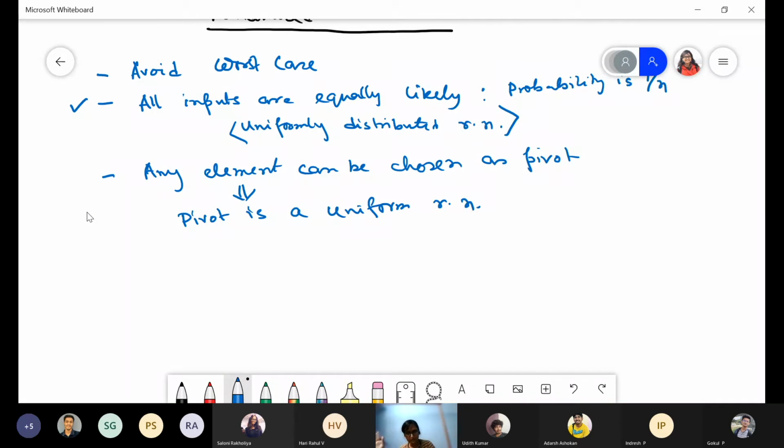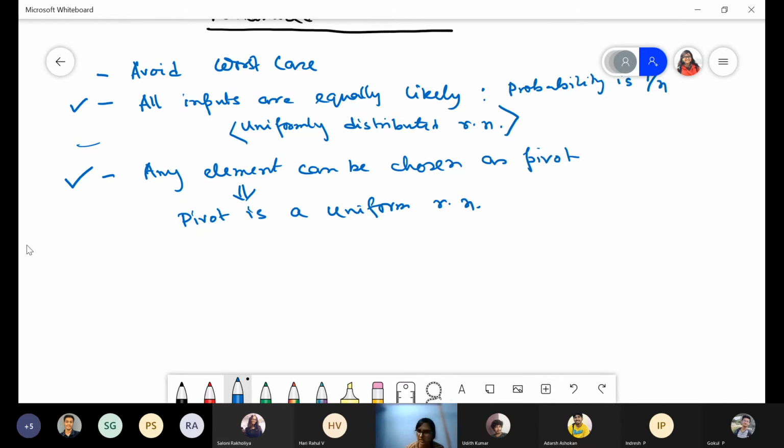So we avoid all these things by considering that all inputs are equally likely. This is the first consideration. The second consideration is our pivot itself is a uniformly distributed random number, so any element can come as our pivot.